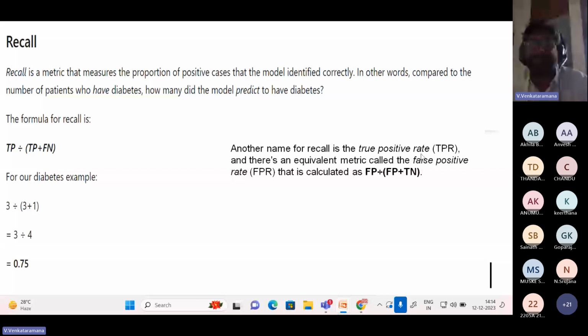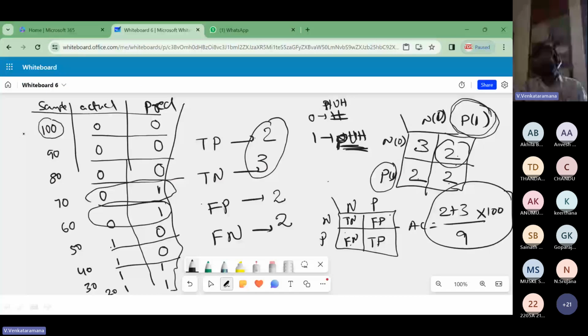Anyone can tell how we calculate it? Recall is TP divided by TP plus false negative. Here the true positive values are 2, and the false negative values are 2. So it is 2 divided by 4, that is 1/2, into 100. So the recall value is 50%.